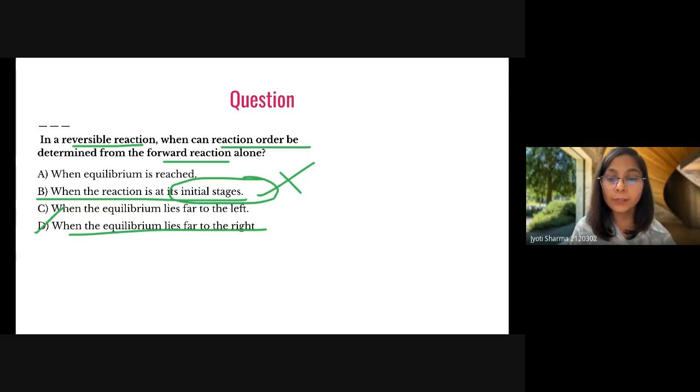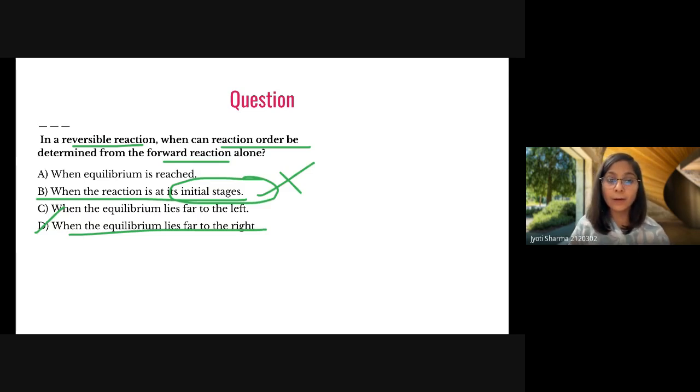For example, let's say the reaction of A and B changing into C and D takes 3 hours, and then from C and D back it is taking 8 hours. What do you mean by this? Your equilibrium lies far to the right.